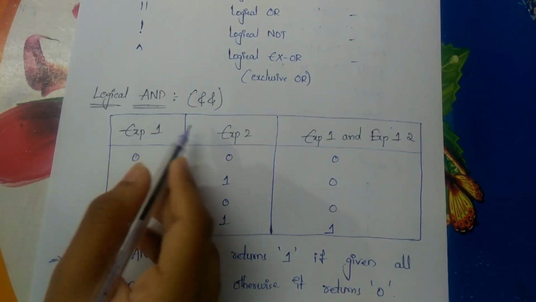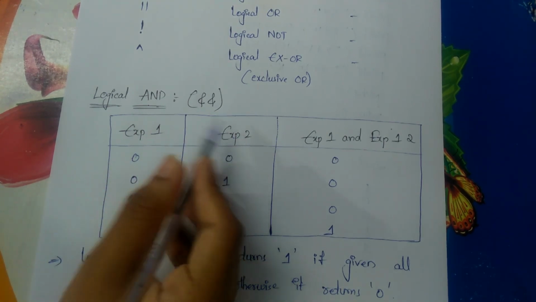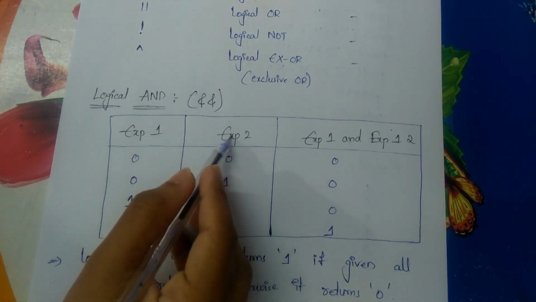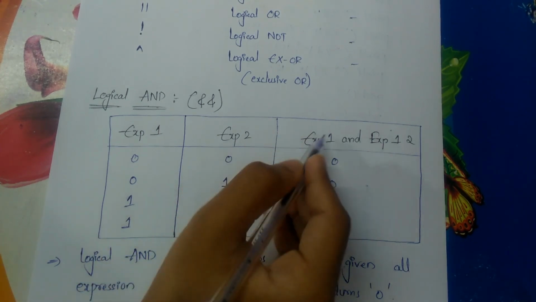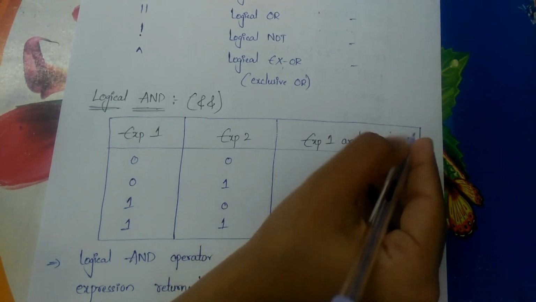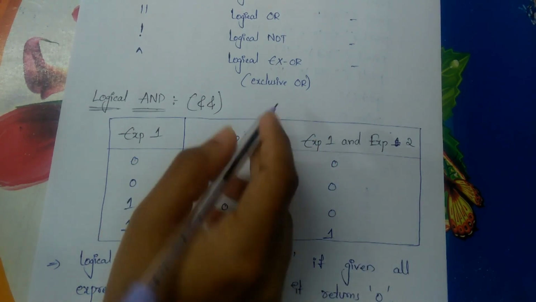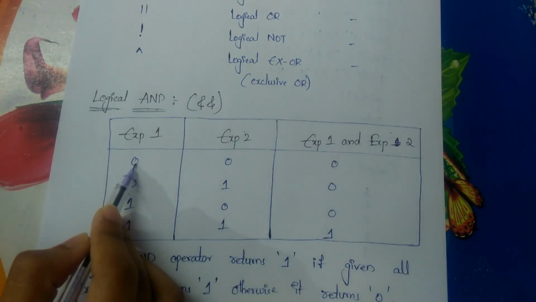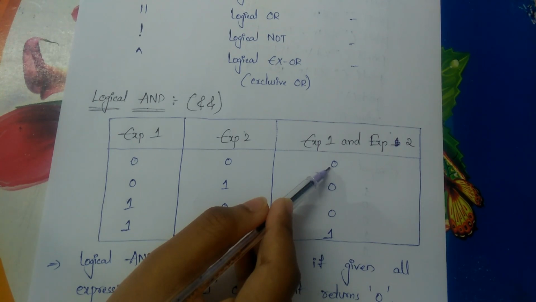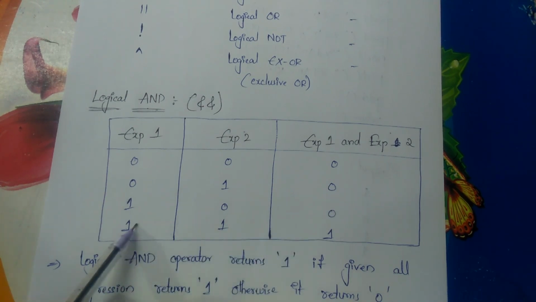So here we have two expressions, expression 1 and expression 2, and we are using the logical AND in between them. If the first expression is 0 and the second expression is also 0, then when we apply logical AND, we also get 0. And 0 1 is 0, 1 0 is 0, and 1 1 is 1.